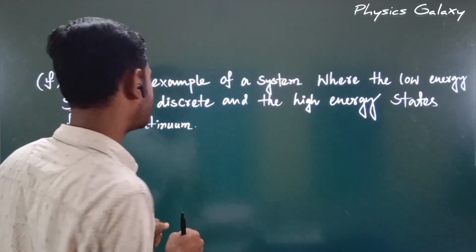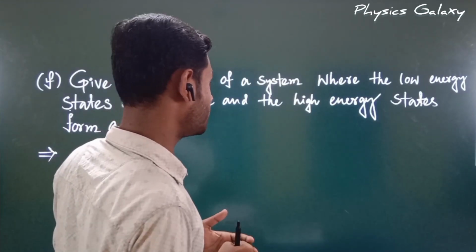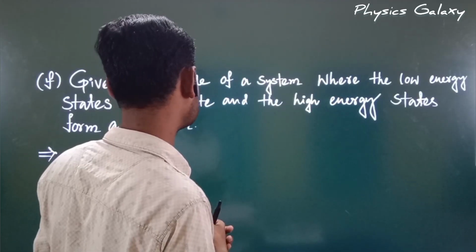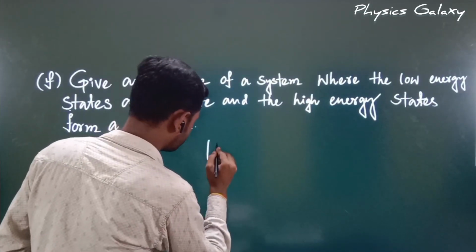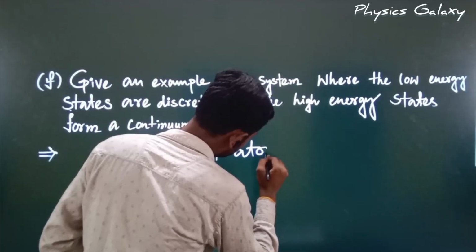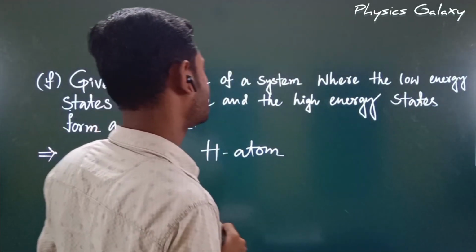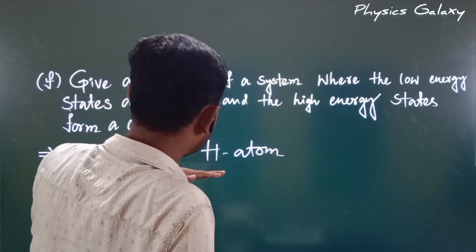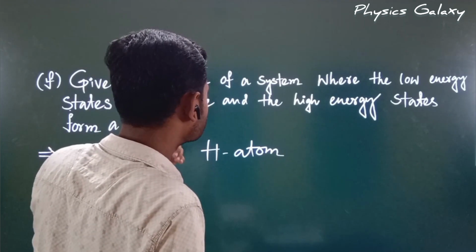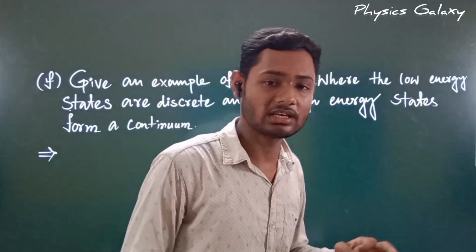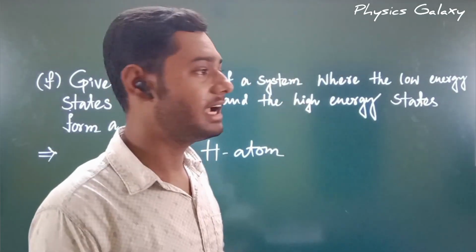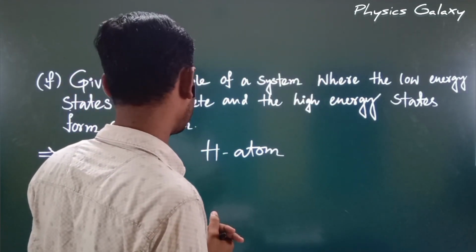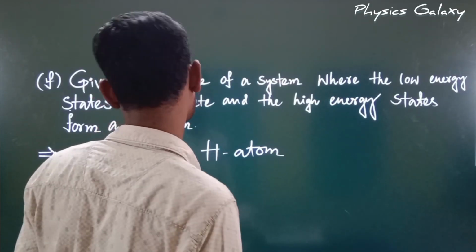We have examples of this type, like the hydrogen atom. In the hydrogen atom, the low energy states are discrete, and at higher energy levels the spacing between two energy levels decreases, and the energy states form a continuum.